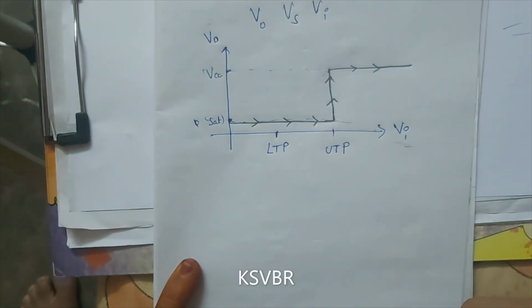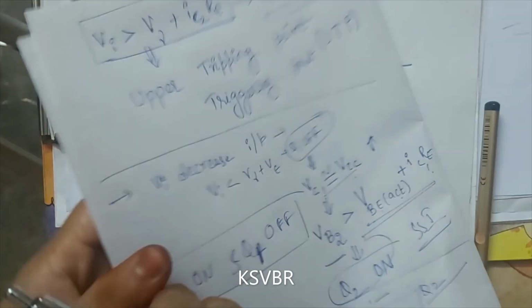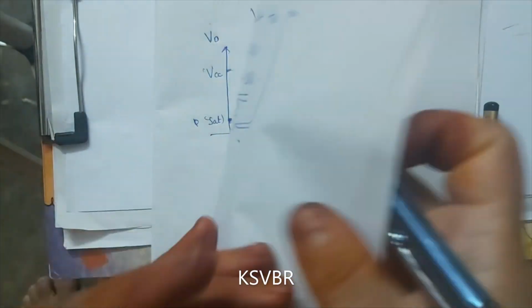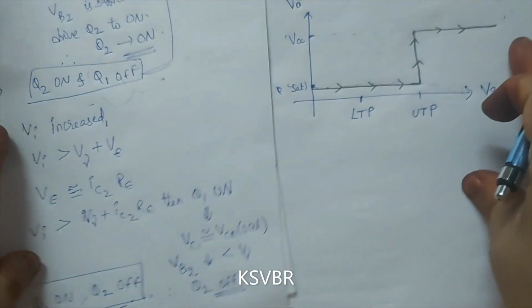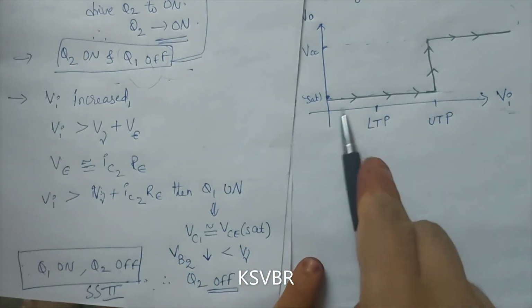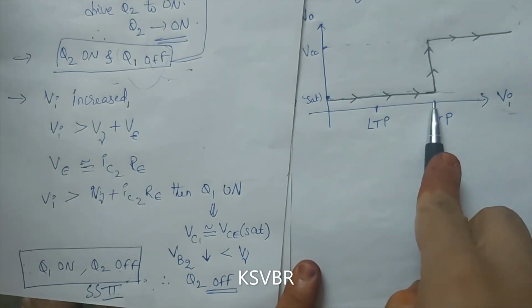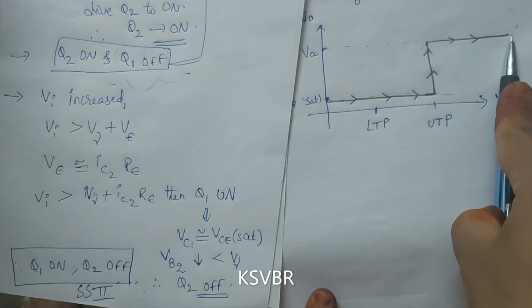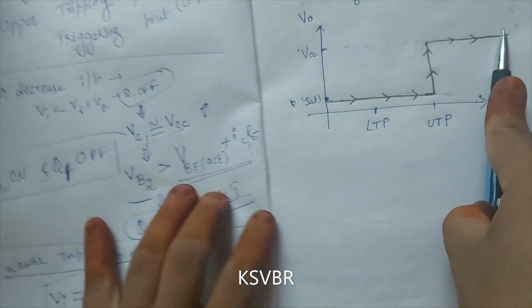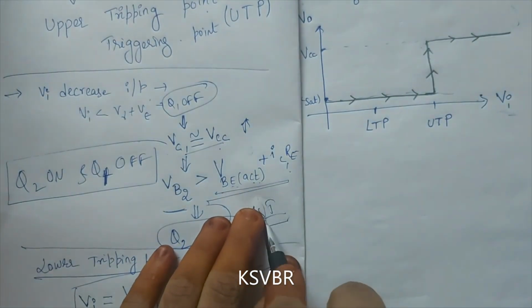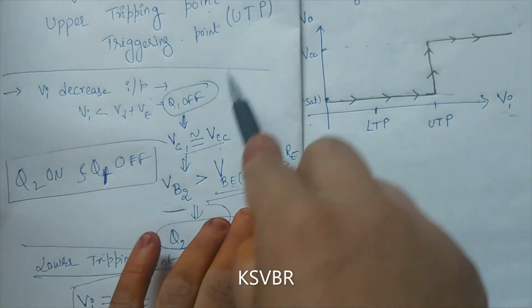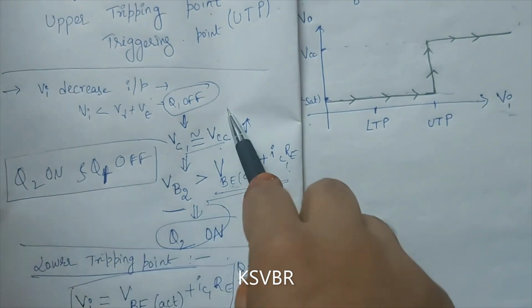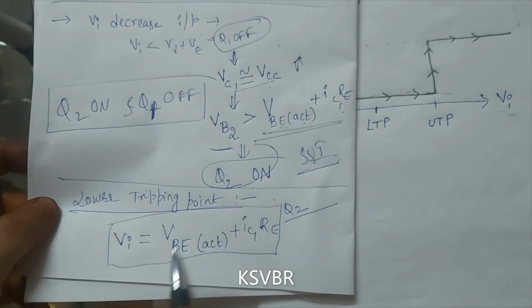Next, how did we achieve back the stable state? We decreased the input. See here, this is what we did. Vi was increased here. Whenever it reached UTP, the state changed. Now we are going to do this one. After evaluating UTP, decreasing the input, the state changed at the LTP point.